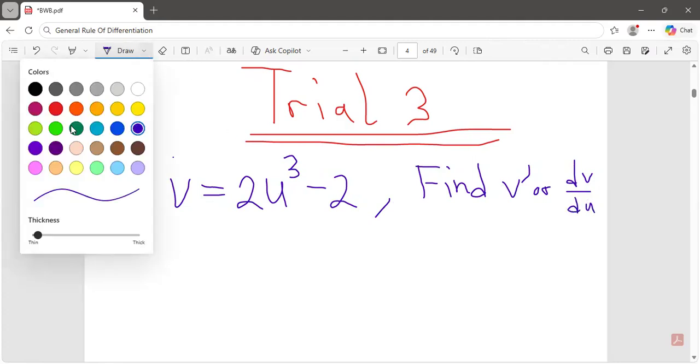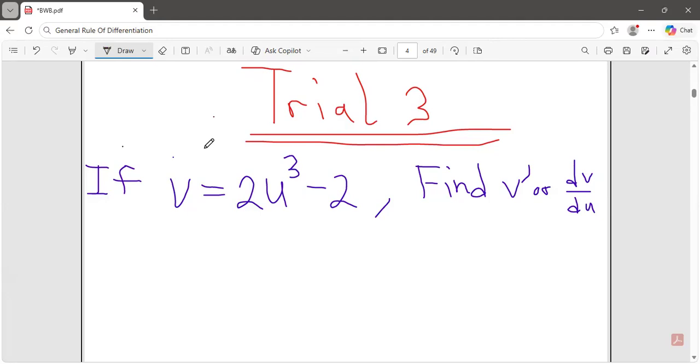Why is it that this time we are not saying dy/dx, but we are saying dv/du? We are saying dv/du because the first variable we can see over here is v. V came first, so we write dv. And then when you come over, the only variable you can see within the numbers is u. That is why we are saying dv/du.